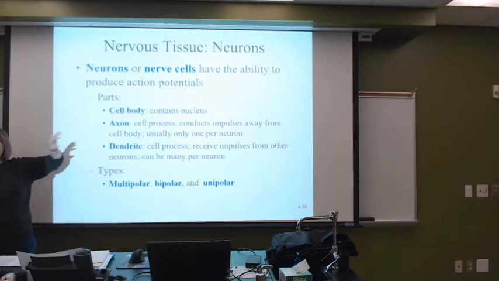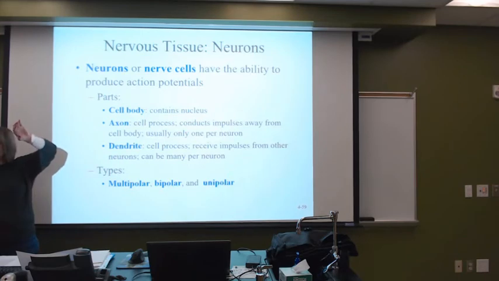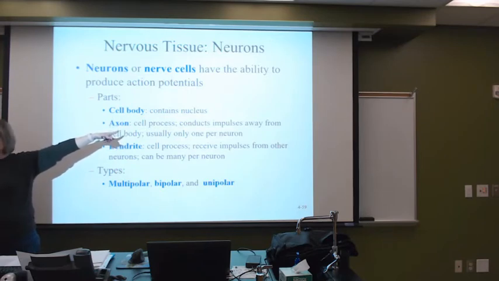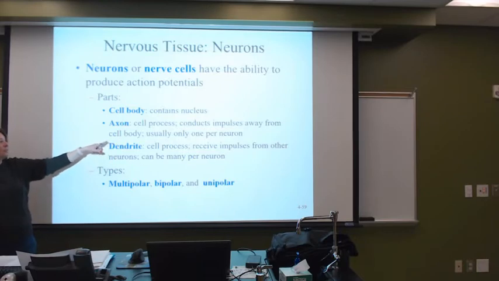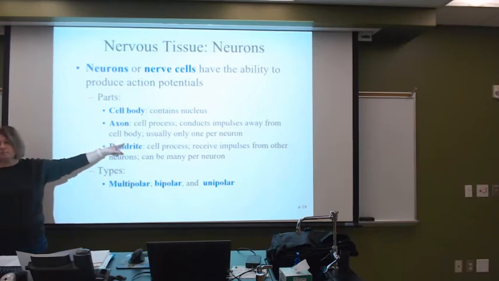It's a process that will extend from the nerve cell body. It will help conduct impulses, meaning getting ready to pass materials from that cell body. Usually, there's only one axon.